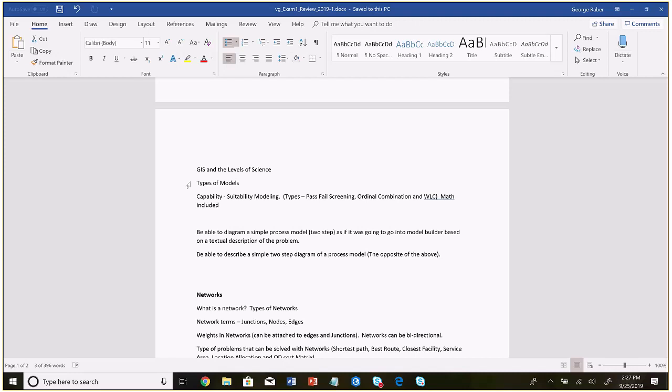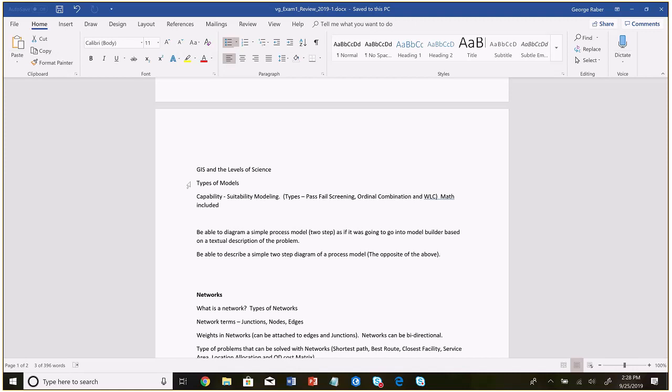The ordinal combination means that they're combined using some mathematical function, whether that be adding, subtracting, usually not subtracting, but addition, or the minimum or the maximum value. And then weighted linear combination means that each input is given a weight. The weight is multiplied to the value, the factor score, and then all those are added up.